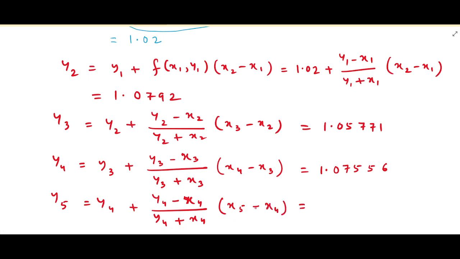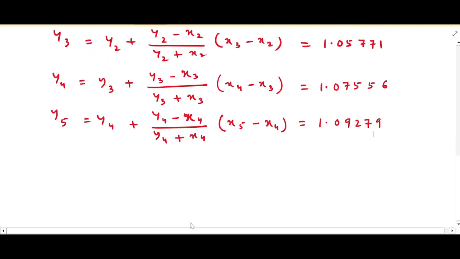What is x5? It is 0.1. This is the point at which we have to find the value of y. So we have come to the last part. After putting all the values, you will get 0.979.